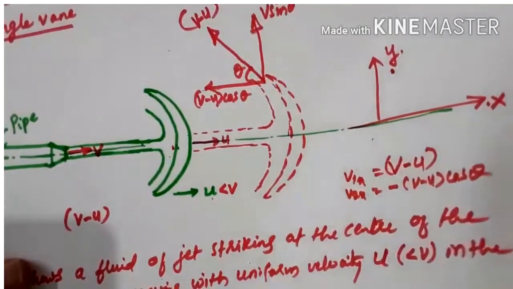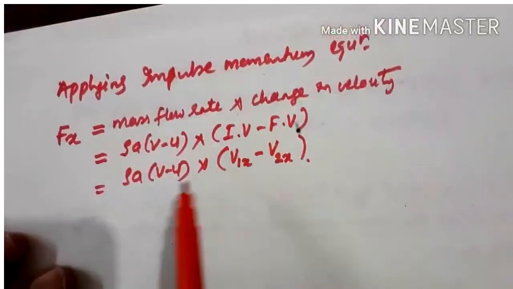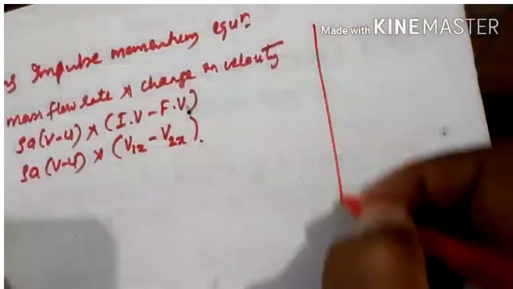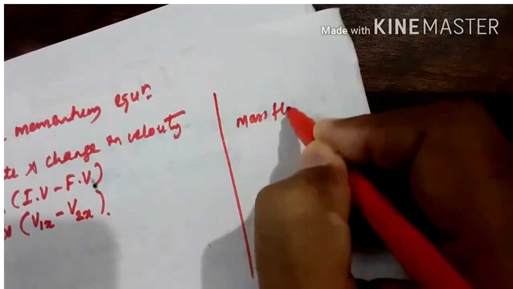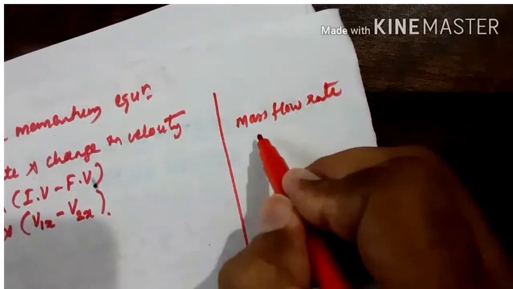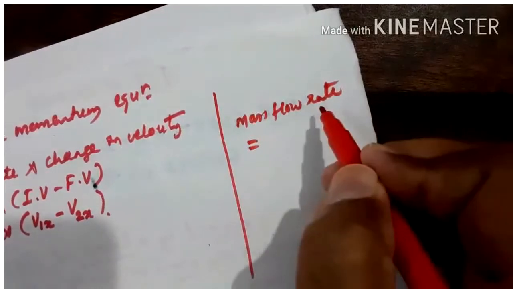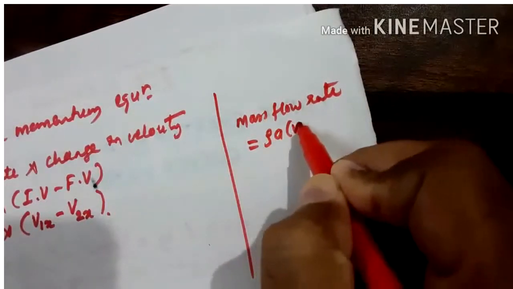Okay, in x direction. So we are calculating force in x direction. So we have to take the mass flow rate, or mass of liquid striking the plate, that is rho a v minus u.